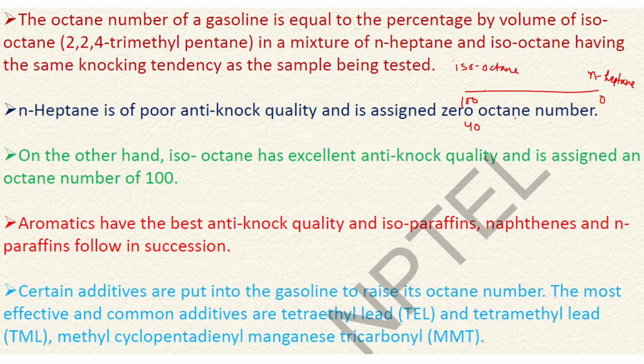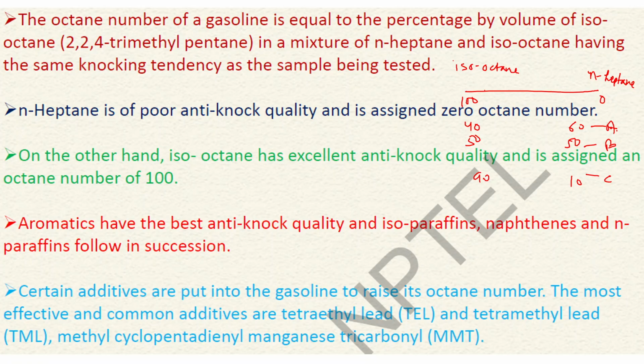Suppose 40 percent isooctane and 60 percent n-heptane, then 50-50, then 90-10. Suppose these three solutions are made, A, B, C. We can make many more solutions. Then the ignition quality of our sample is measured, and the ignition quality of these A, B, C solutions is also measured, and the comparison is done.